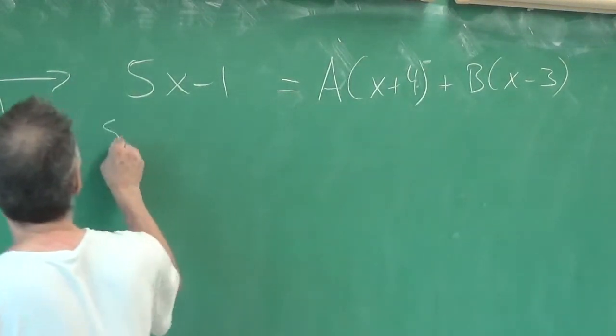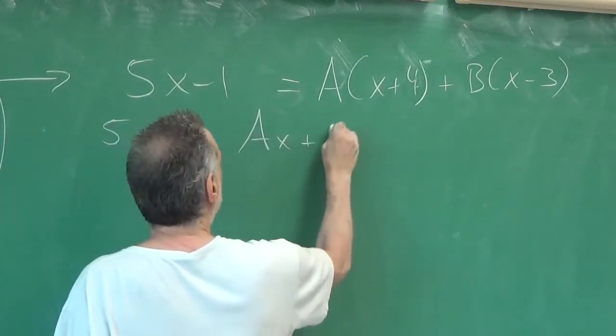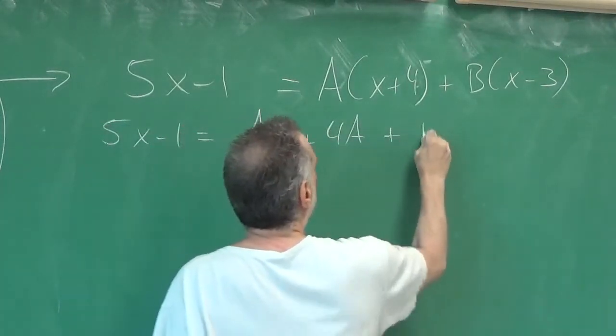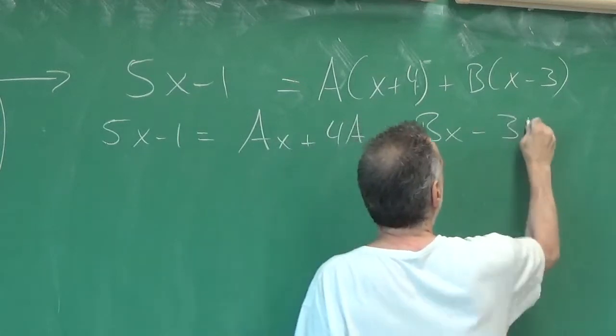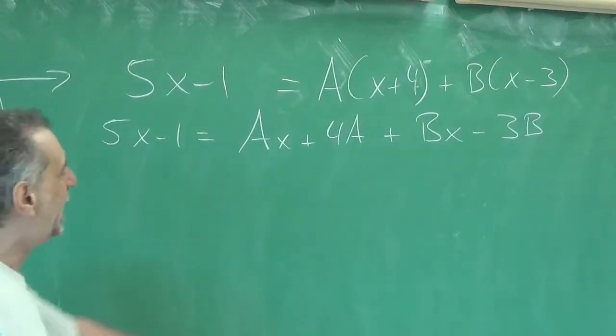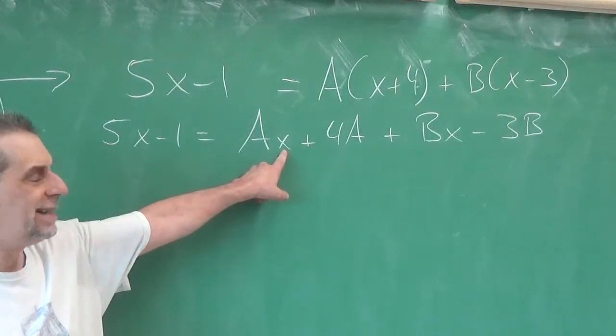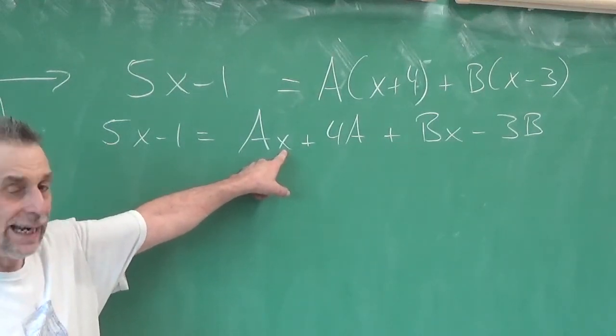Now we want to distribute the A and distribute the B. So nothing happens on the left-hand side. Over here we're going to get Ax plus 4A and Bx minus 3B, once we distribute the A and distribute the B. At this point, we want to gather similar terms on the right-hand side. Remember, similar terms have the same variable raised to the same exponent.